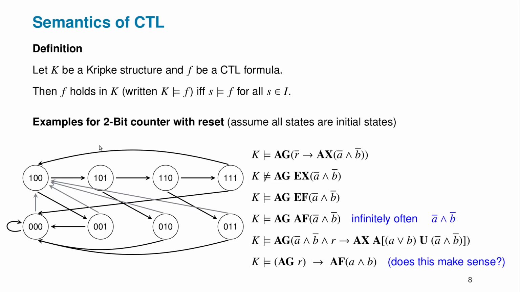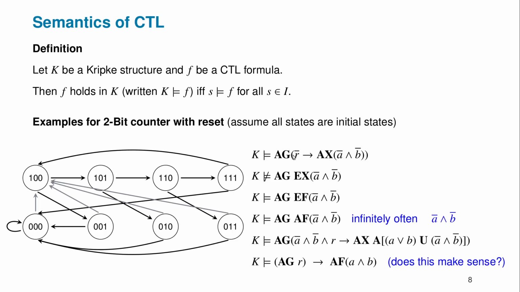This AG requires us, no matter which state I use as an initial state, to check for all reachable states, and in this system each state is reachable from every state. It requires us to check this property for all states, and if R is true, then the implication is immediately true. We do not have to do anything. So for these 4 states here on the top, we do not have to do anything.